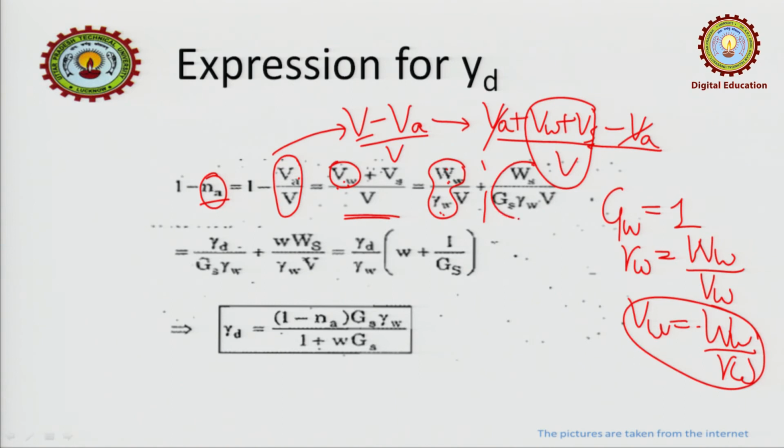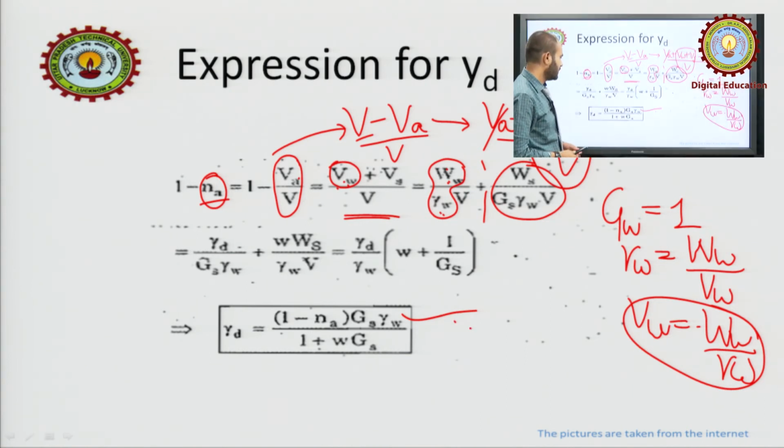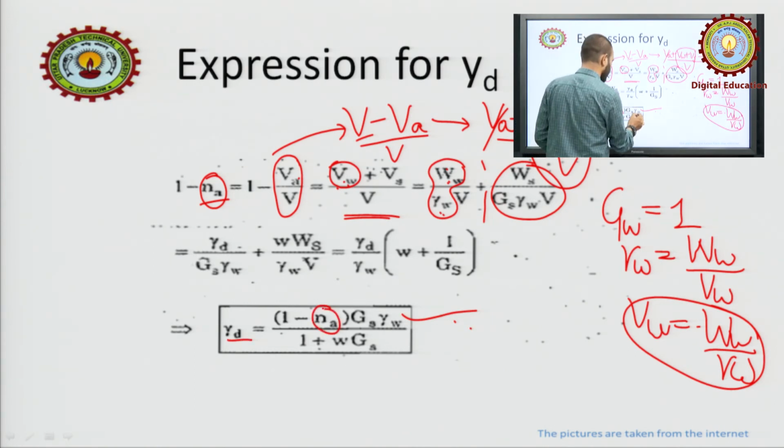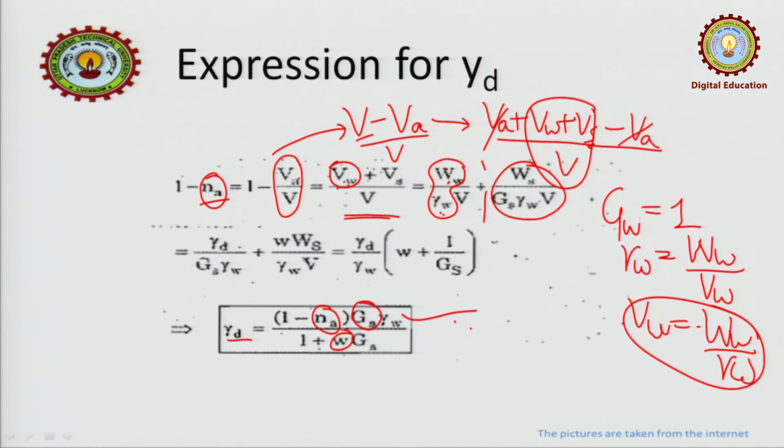Similarly, we have obtained this one as well. After that, using simple mathematics we can get it. It is not used that much, but anyway you can remember it. It comprises gamma d, na, the percentage air voids, and other general parameters such as Gs and w. Remember one more thing here: the value of gamma w in the formula.